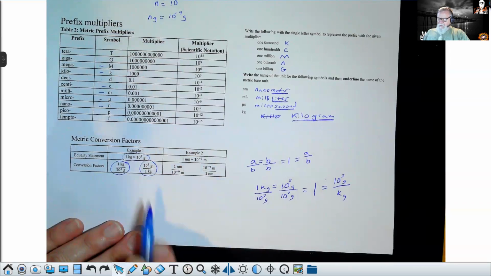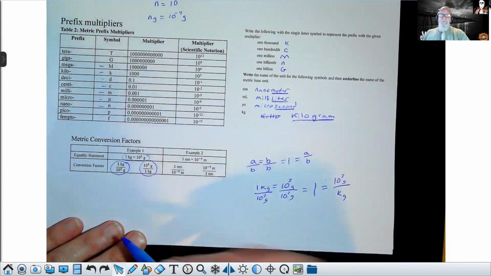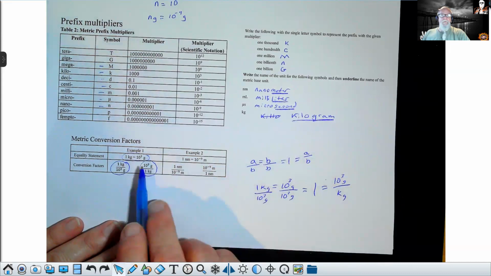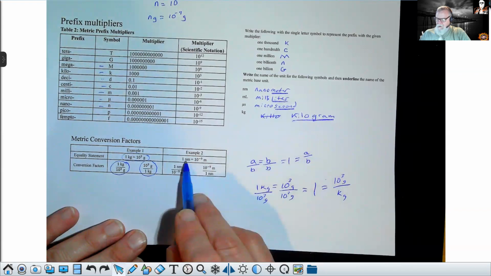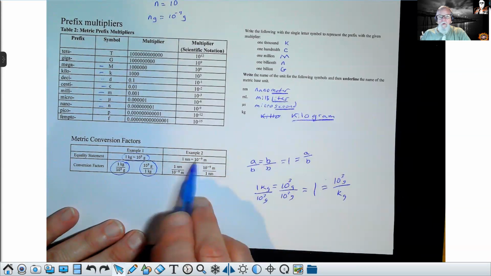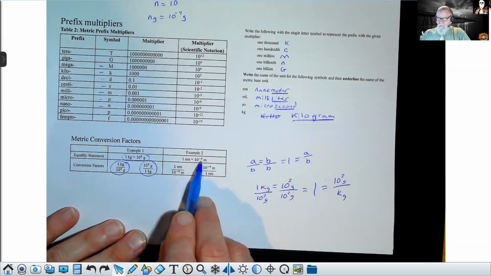And we'll be using these in order to cancel units out in our dimensional analysis that we'll be doing soon, okay? So just to give you another example, 1 nanometer is equal to 10 to the negative 9 meters, right? So we can rewrite this as 1 nanometer over 10 to the negative 9 meters, or 10 to the negative 9 meters over 1 nanometer.